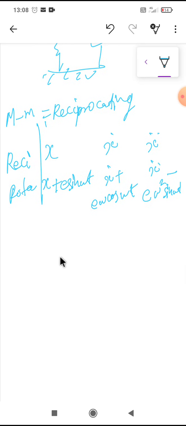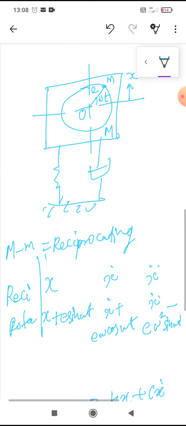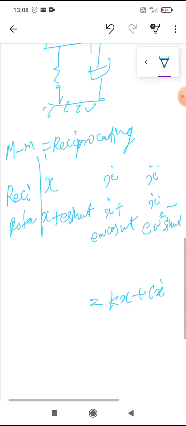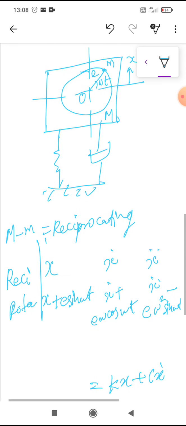So we will use here kx plus c x dot on the right hand side, and on the other side there are two forces, that is M minus m, the reciprocating force and the rotating force. So what are the reciprocating and rotating forces? As these forces are acting in the downward direction, we'll take this as negative and upward we are taking as positive.